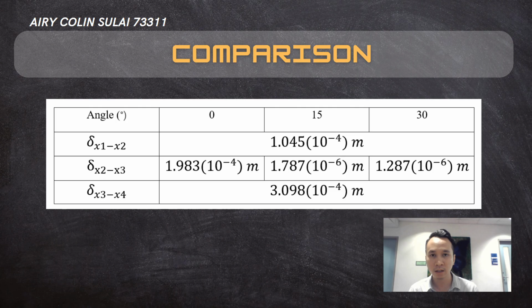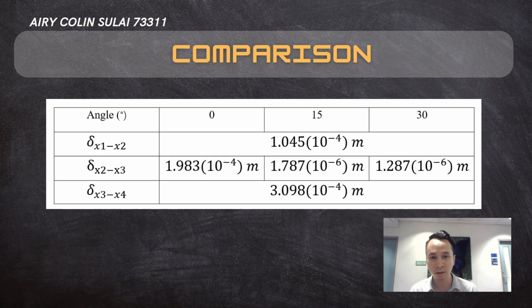As we can see on the screen, the table shows the comparison between the deflection of each angle. From x1 to x2, it shares the same value for each different angle, which is 1.045 times 10 to the power of negative 4 meter. Same goes for x3 to x4.